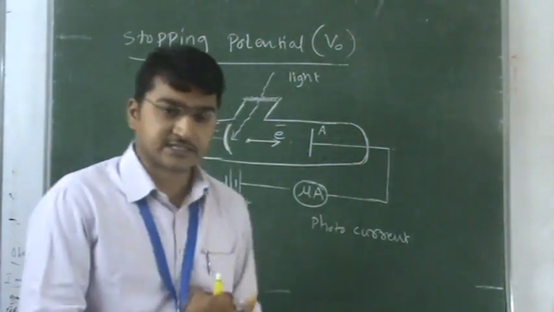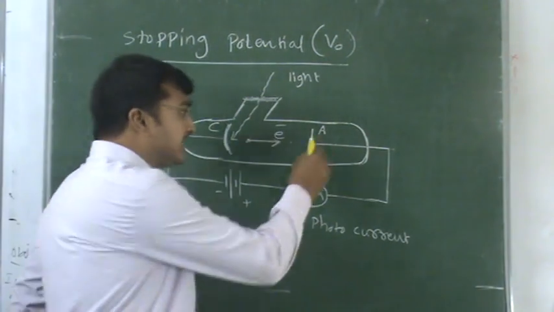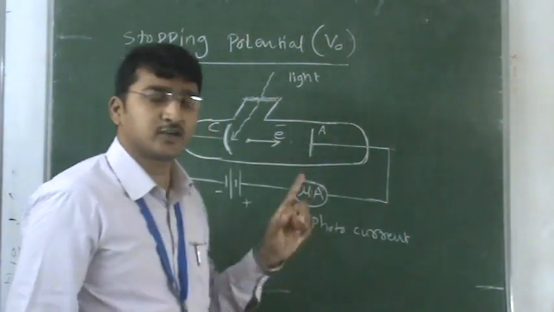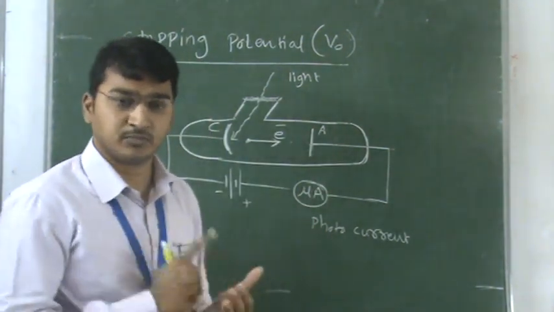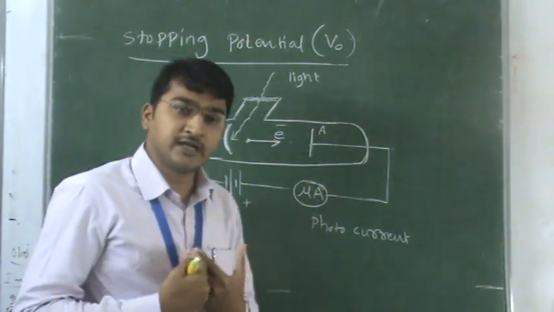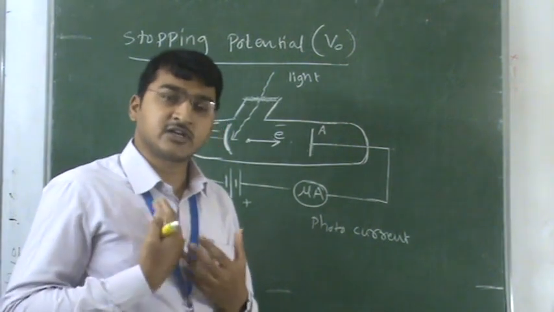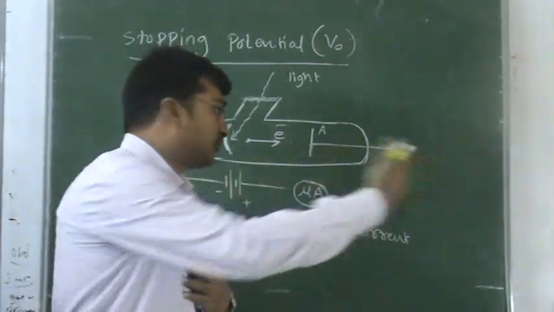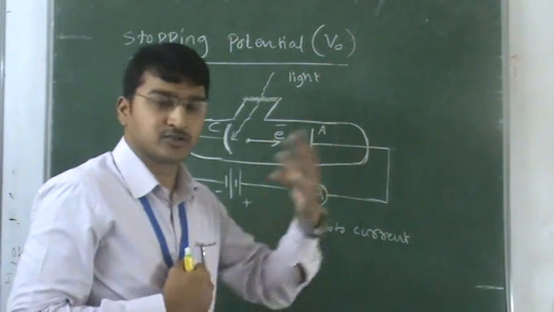Now let's discuss stopping potential. Here the anode is initially connected to the positive terminal, so the anode has a positive potential. We know that electrons, being negatively charged, always move towards positive charges.